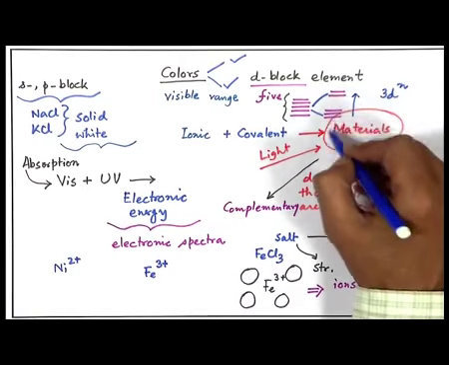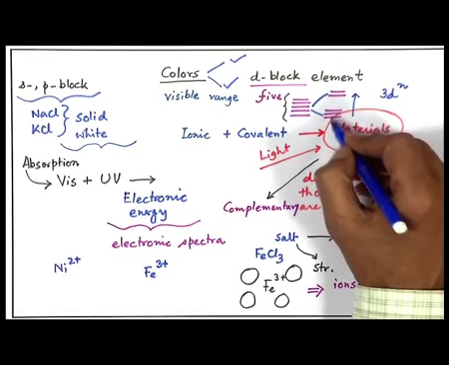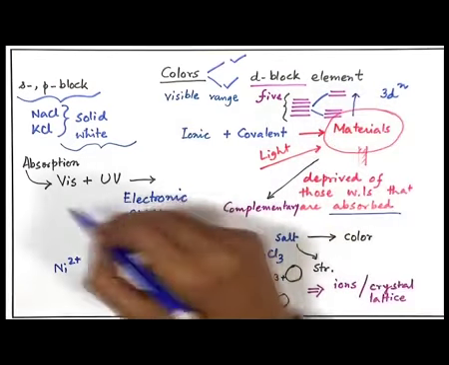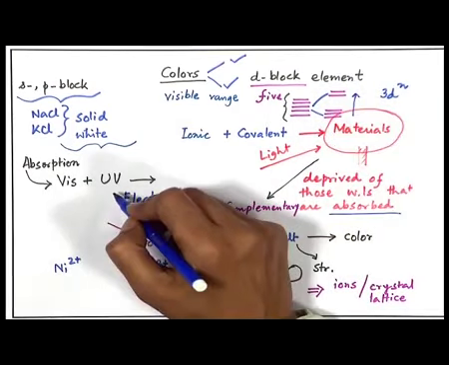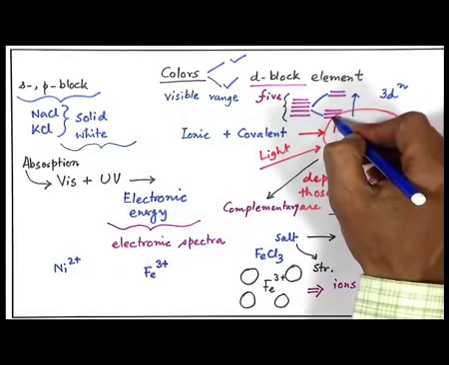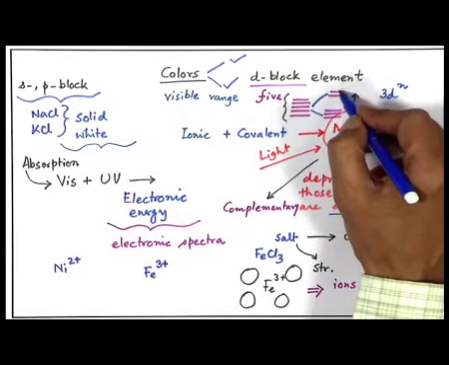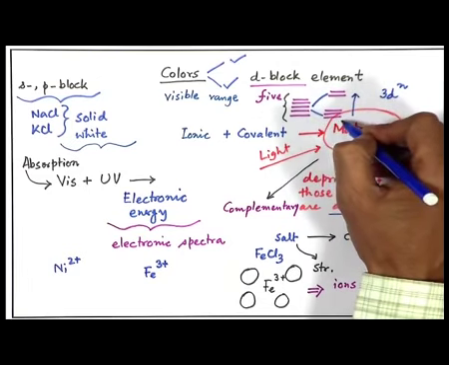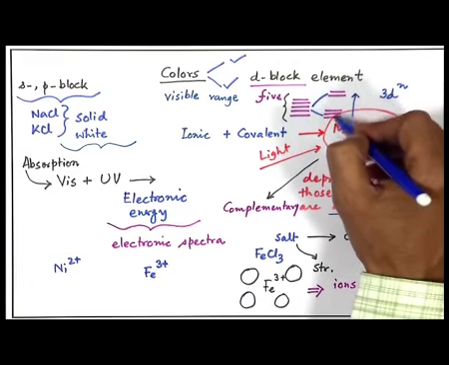So, these different numbers of electrons occupy the ground state, and energy will be absorbed in a particular range in the visible or the UV range, and the electron can be promoted from the ground state to the excited state, because due to this splitting of d orbitals we have already created 2 levels.